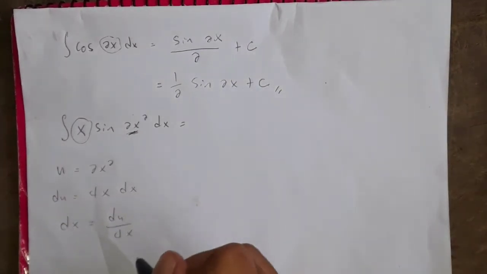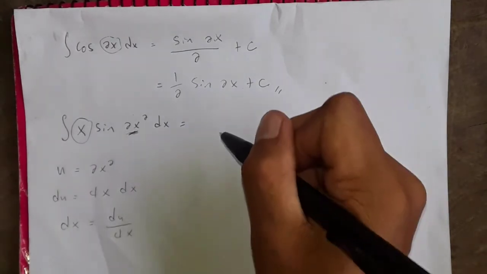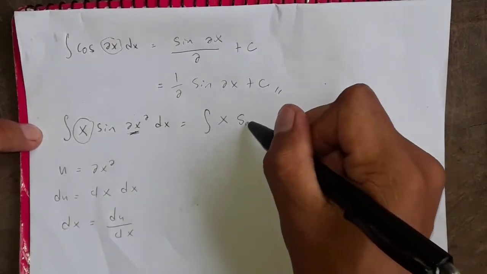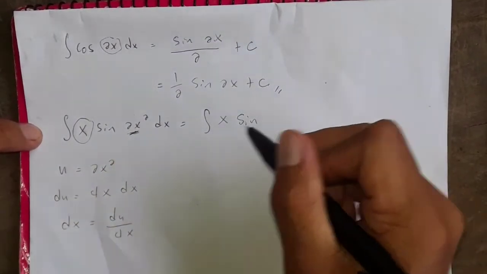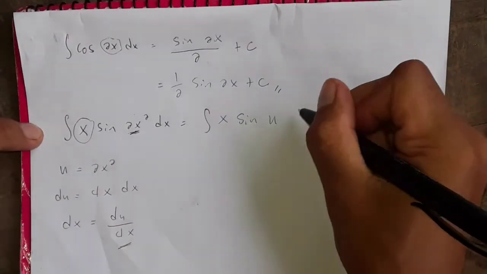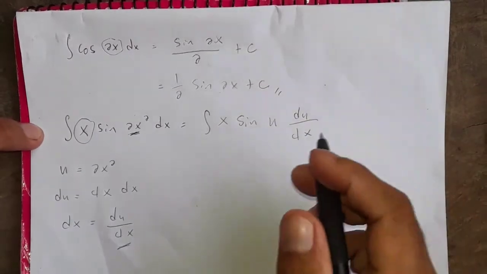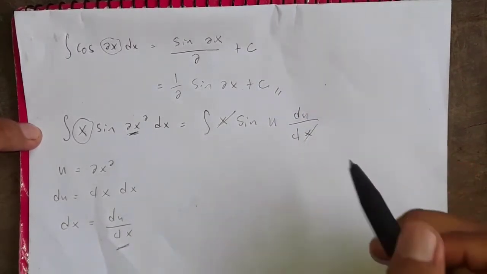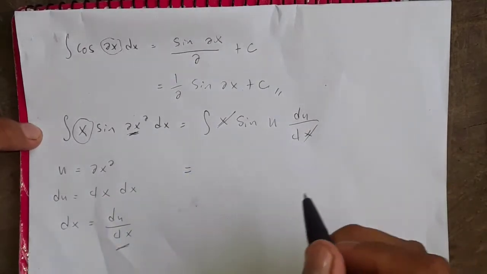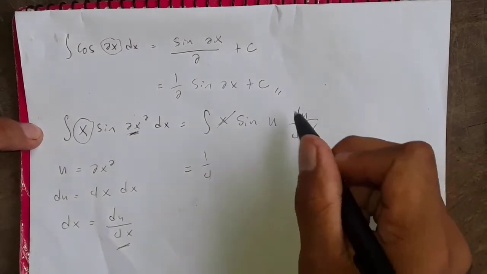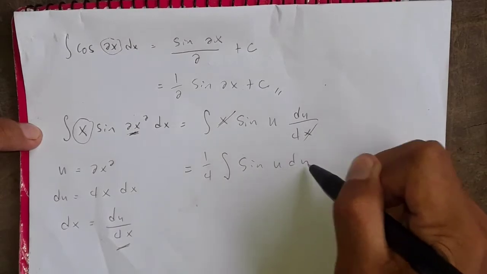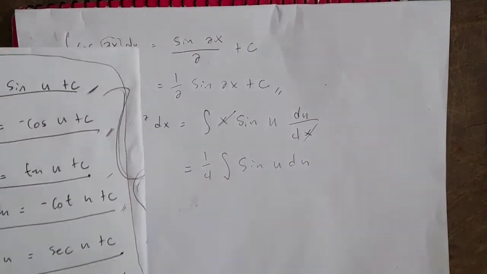Substituting these variables into the original function, we have the integral of x sine, where our 2x squared will be represented as u, and our dx is equal to du over 4x. Then as you can see, we can cancel out the x. Therefore, it would be equal to 1/4 as a constant times the integral of sine u du. Now we can use the formula here.